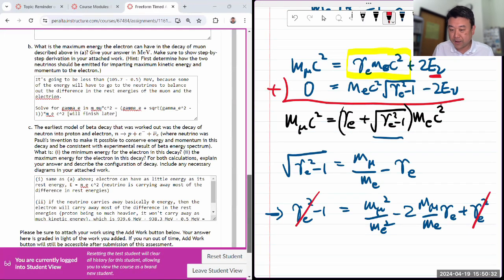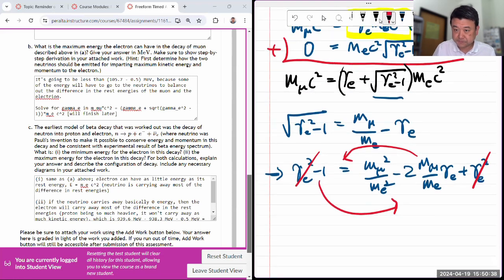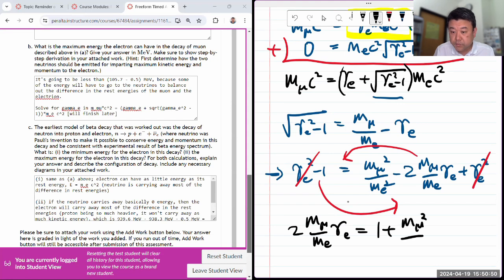So I have to solve for gamma E, so I'm gonna move this one over, move that over. Doing that gets me 2 mu over me gamma E is equal to 1 plus mu squared over me squared. So multiply through by what will get rid of 2 mu over me on the left hand side.